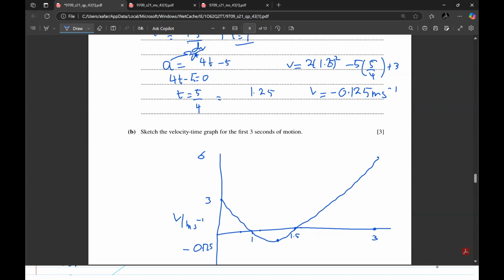This is how you would sketch the velocity time graph. This expression... 1.5.